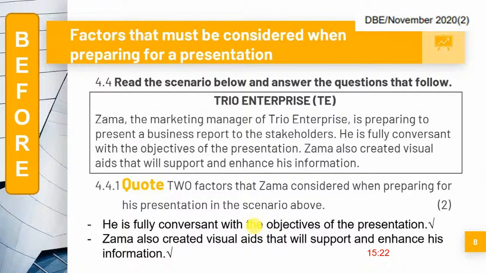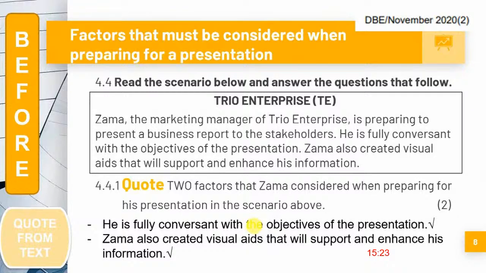Zama also creates visual aids that will support and enhance his information. Now, quote 2 factors that Zama considered when preparing for his presentation in the scenario above. Let me just see if I put that in. Yes. Quote from text.